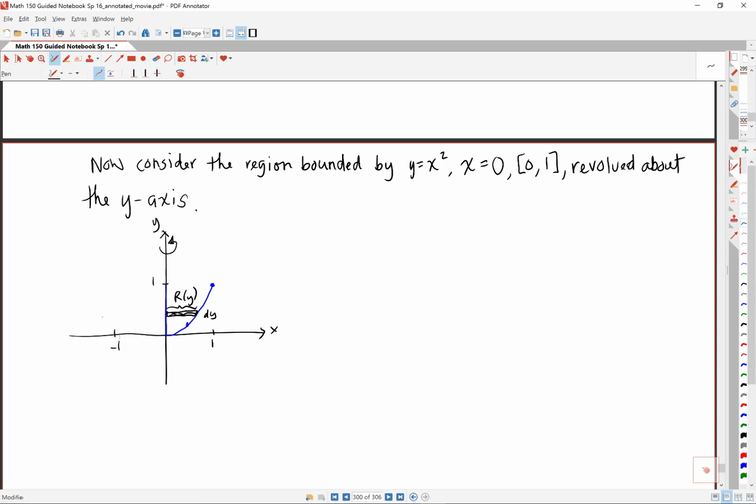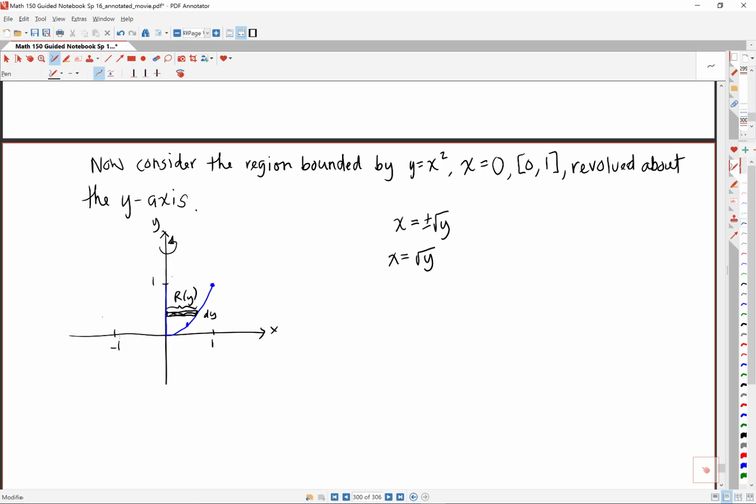Notice we're in the positive part for the x's only. So here, if you take a look at y is x squared, we can write that as x is plus or minus the square root of y, but we're only considering the positive root because the x values are all to the right of 0.